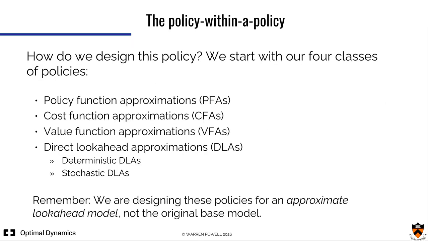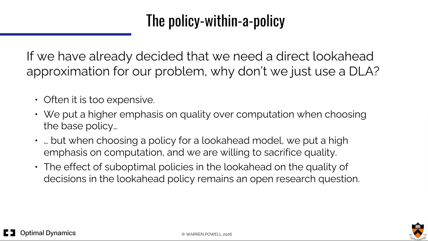We have 4 classes of policies, and we can choose from any of these 4 classes of policies. Sometimes it'll be obvious which to choose, but not always. By the way, value function approximations, I can point to no shortage of papers where I can say, look, you know that value function approximation, it's really a VFA policy in a look-ahead model, okay? And we've overlooked it. But anyway, we can really look at all 4 classes of policies.